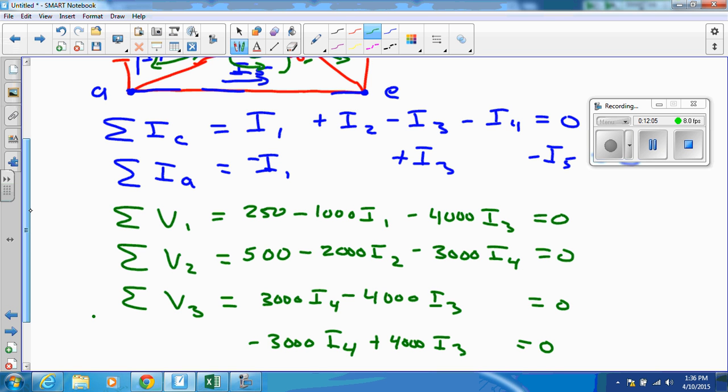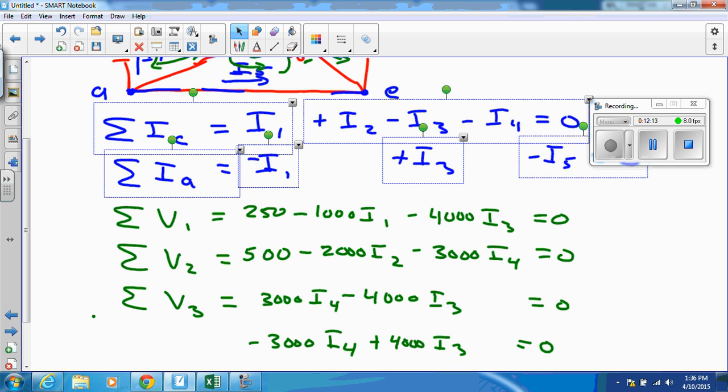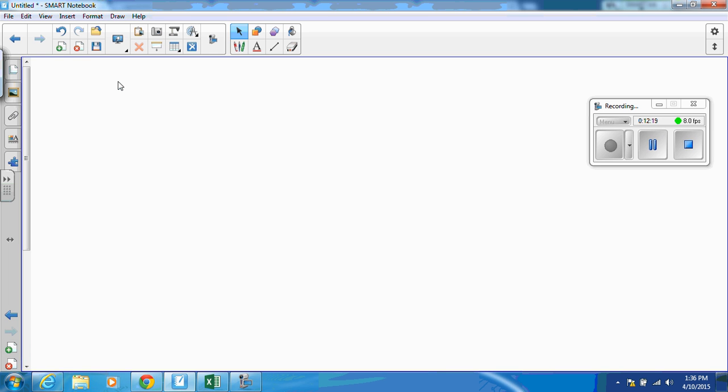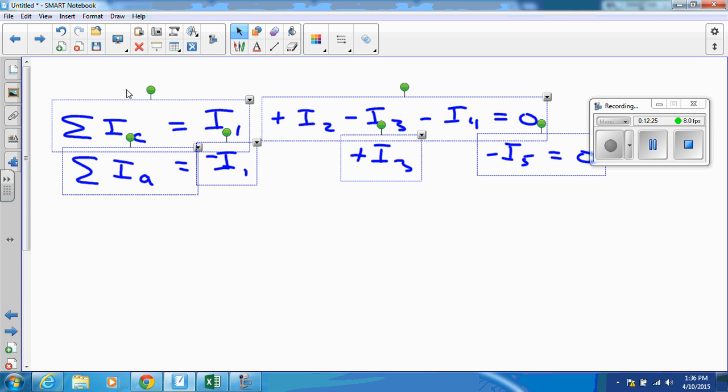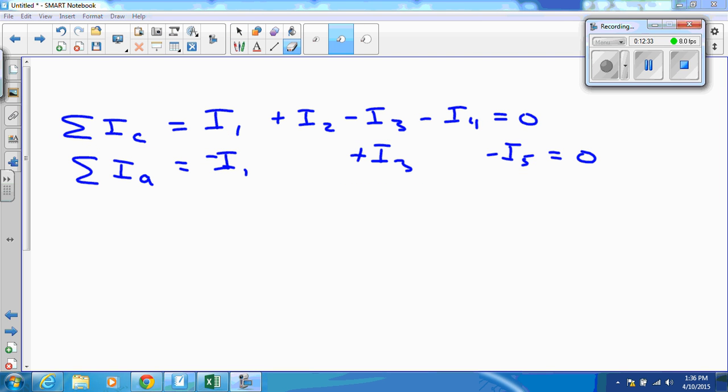I'm just going to take these equations and copy them to a new page. These guys are ready to go. Okay. That's good. This is almost good.